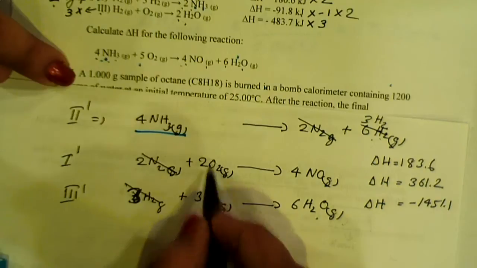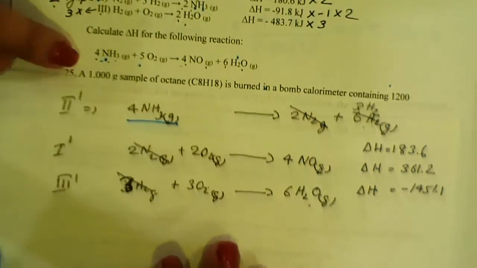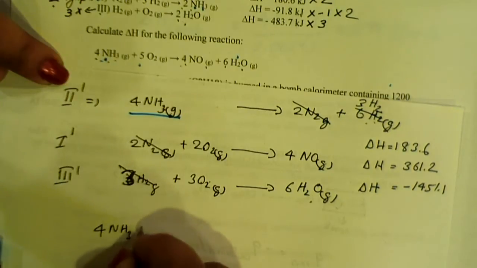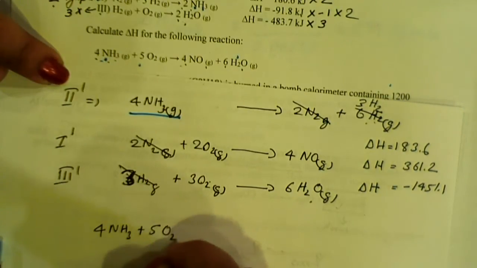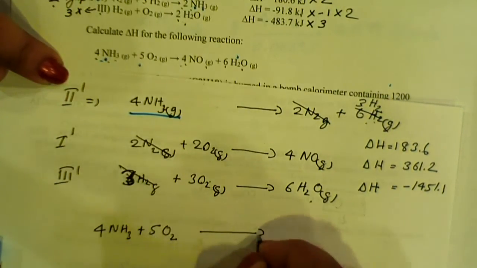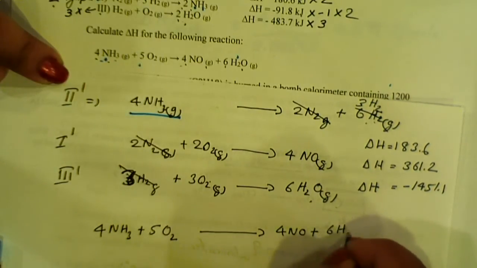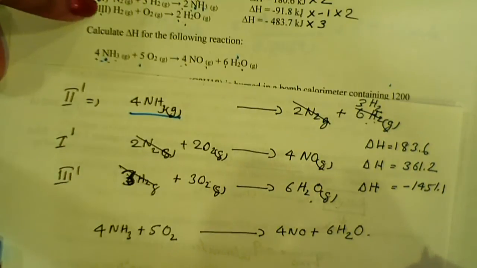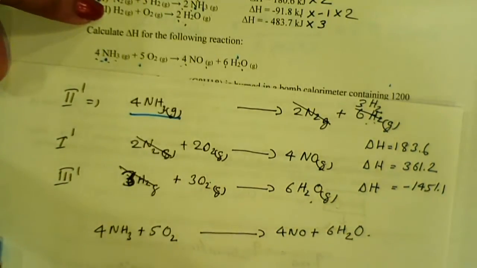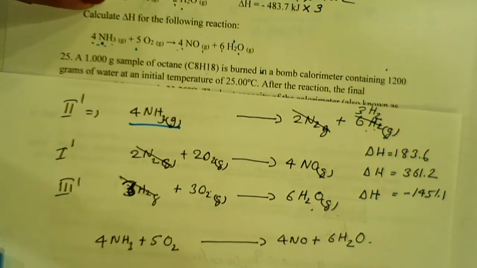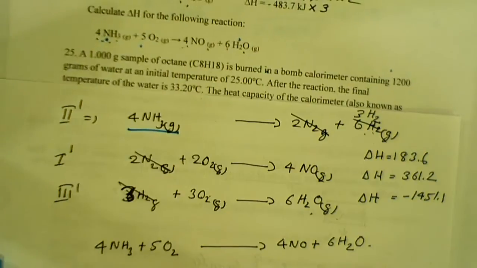So this will give you 3H2 on this side, just get the difference, and the difference will be put as a coefficient with the highest coefficient, okay? And then you have 3O2 and 2O2, and you will end up with the 5O2.